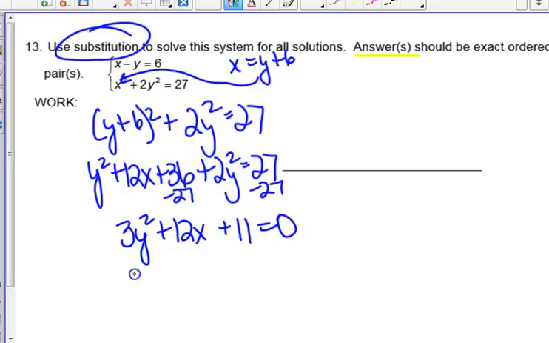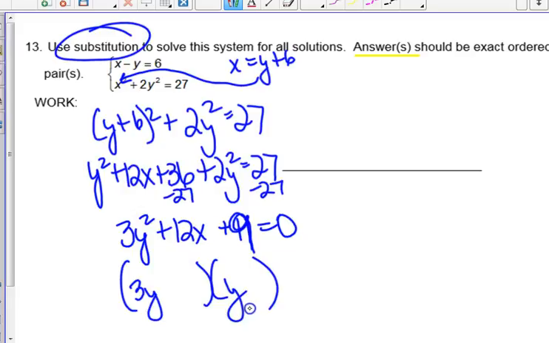Yikes. Okay, 3y only factors 3y and y. 11 factors only 11 and 1. Is this not working? Oh, 36 minus 27 is 9 on a good day.